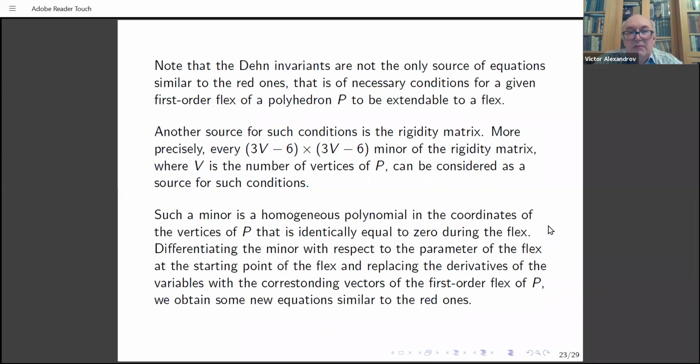Thus, its rigidity matrix has corank more than 6, sufficiently large corank. Differentiating this minor with respect to the parameter of the flex at the starting point of the flex and replacing the derivatives of the variables with the corresponding vectors of the first order flex of P, we obtain some equations similar to the red ones.